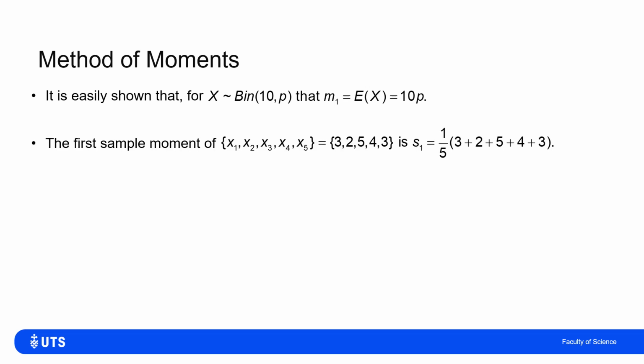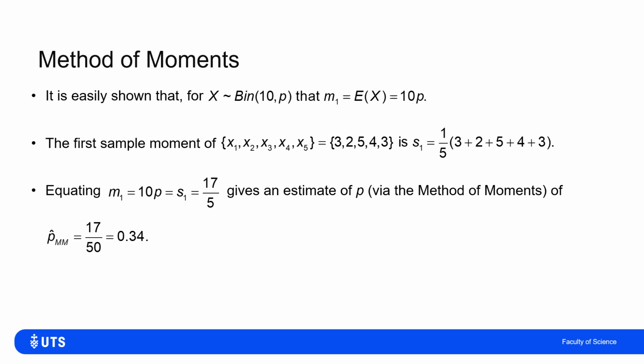But what's the first sample moment? What is the average of my sample? Well, I add up 3, 2, 5, 4, and 3, divide all of that by 5, and I get 17 on 5.